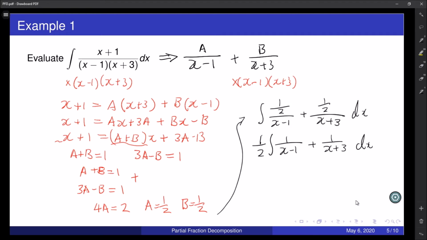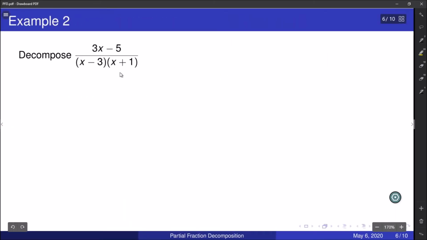Okay, so the method overall is pretty straightforward, and we'll have a look at another potentially slightly faster method in the next example. We don't even have to worry about the integral, we go straight into decomposition. Once again, the factors have already been given to us, so all we need to do is separate them.